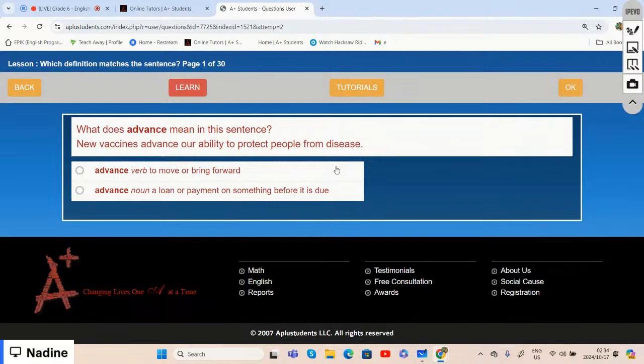So, advance. New vaccines advance our ability to protect people from disease. Is it option one, the definition, or option two, the definition? Which one is correct?